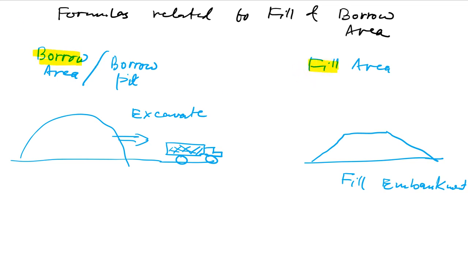So the void ratio of the borrow area will be called e sub B, and the void ratio of the fill is going to be called e sub fill. The dry unit weight of the borrow area is going to be gamma d sub B, and then the dry unit weight of the fill. And also we are going to use the volume of the borrow area and also the volume of the fill.